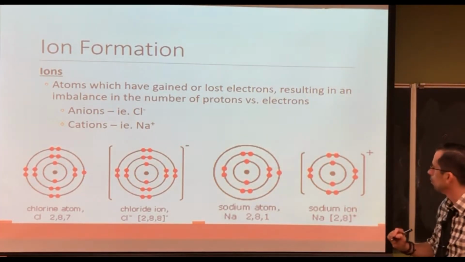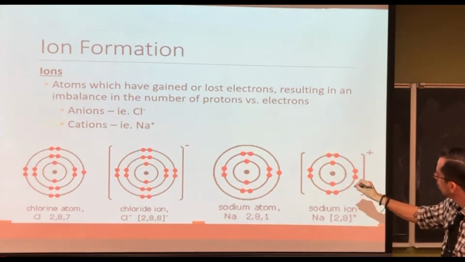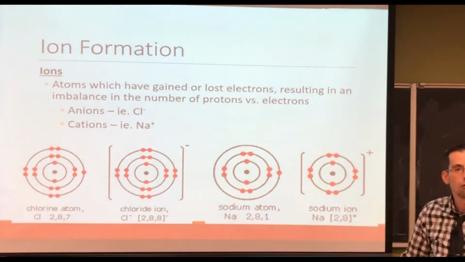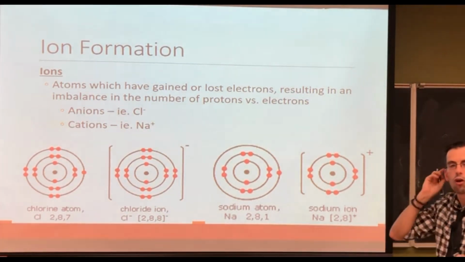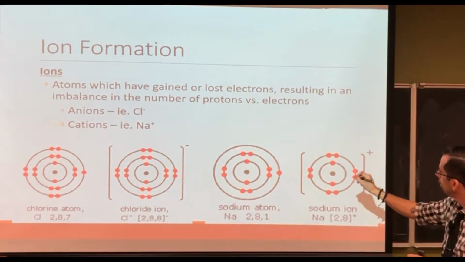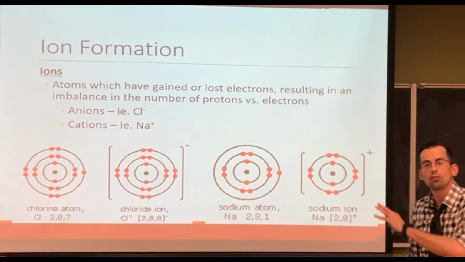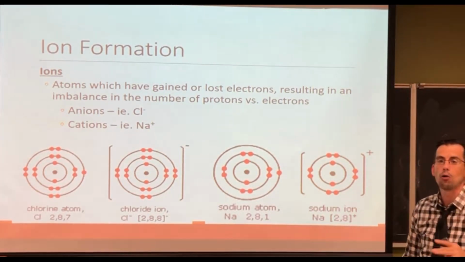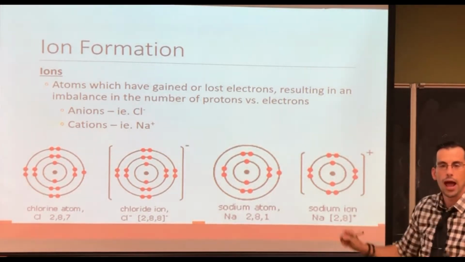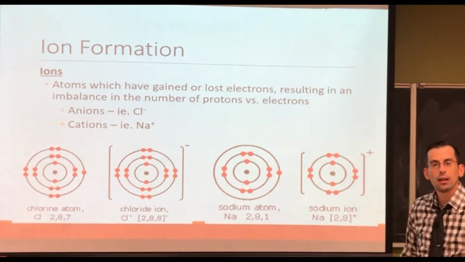When we look at sodium, we see we have a first orbital level containing 2. We have a second containing 8, so it's full. That lone electron that had to be added for sodium had to be all by itself in that outer valence level orbital. It's going to strive to have a full outer valence. Now, rather than add 7 to that outer valence, it's easier for us to simply lose that electron.